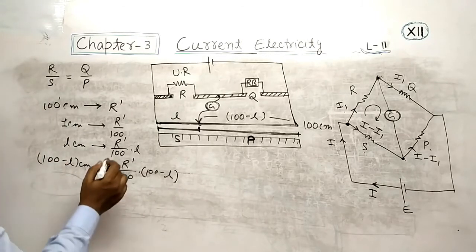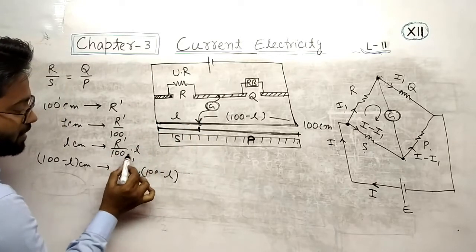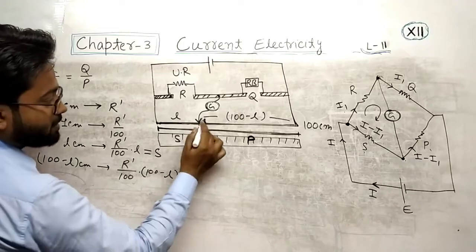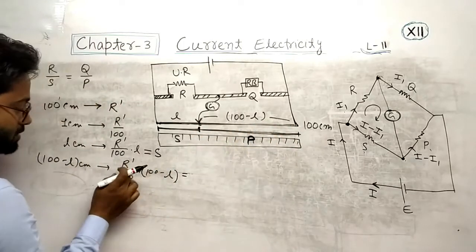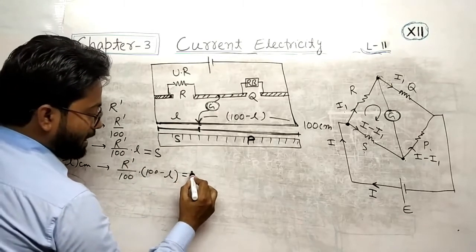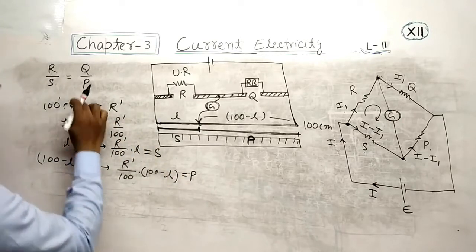Put the values. In L centimeter, the resistance is R dash upon 100 into L. This can be taken as S, and this portion resistance is P, means R dash upon 100 into 100 minus L can be taken as P. Put the values of P and S in this.